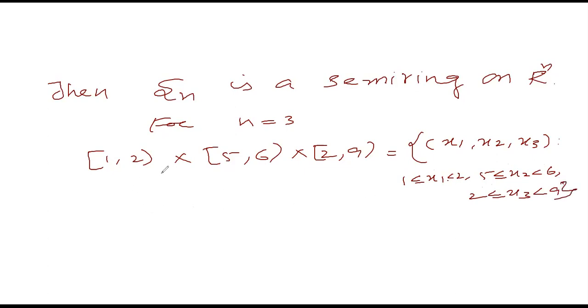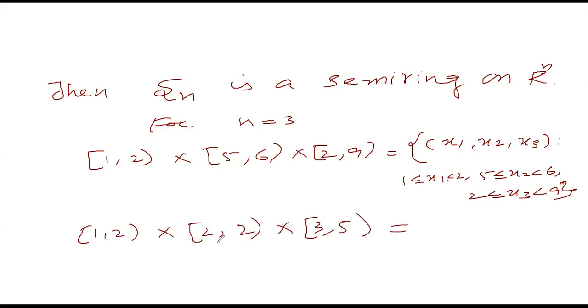And if one of them is greater or equal, suppose we have [1, 2) cross [2, 2) cross [3, 5).